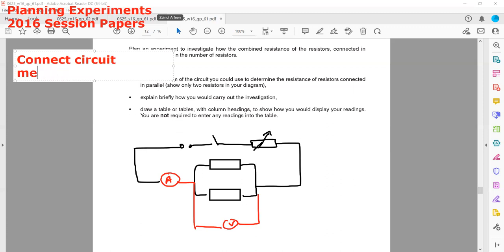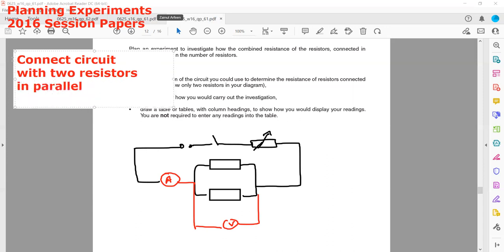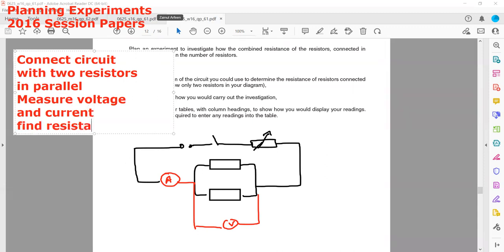So we'll connect the circuit with two resistors in parallel. Then when two resistors are connected in parallel, we'll measure the voltage by voltmeter and current by ammeter. Then we'll find the resistance of the circuit. That resistance is actually the ratio between voltage and current. So we'll get the resistance of the circuit.